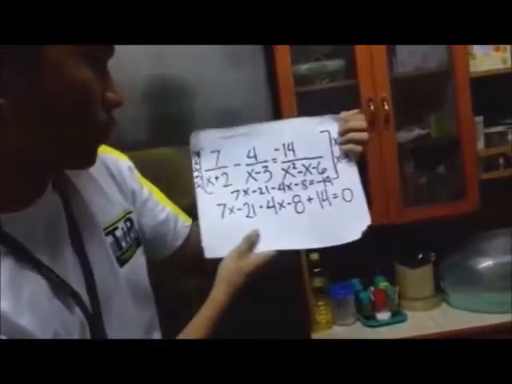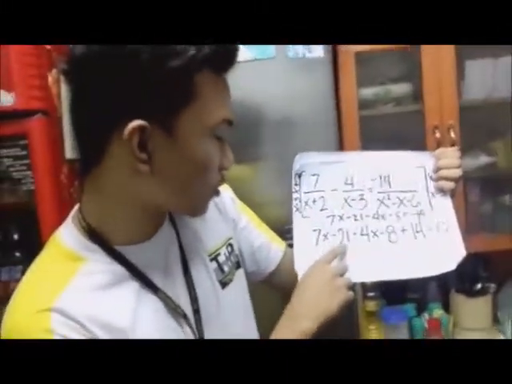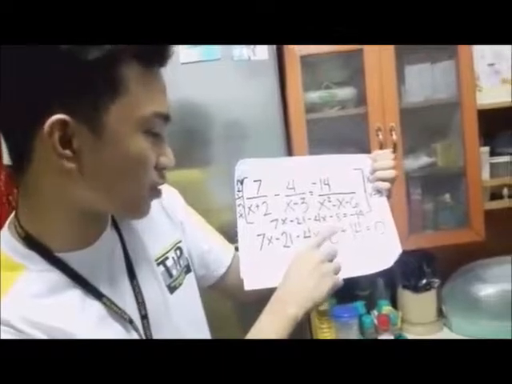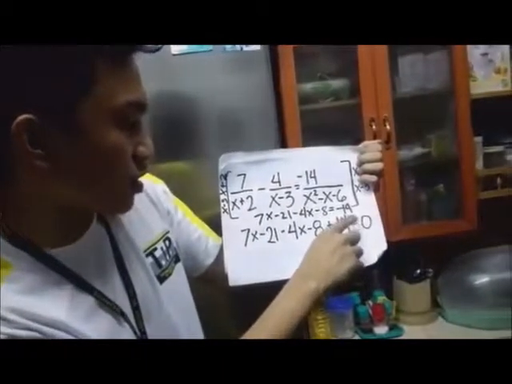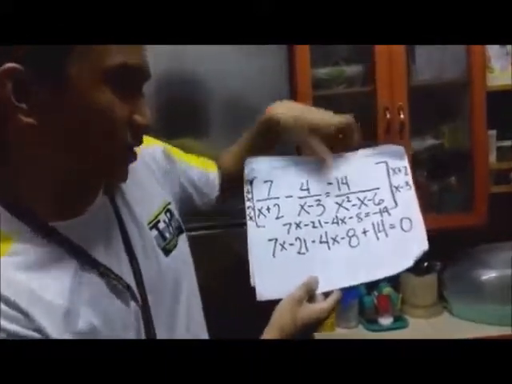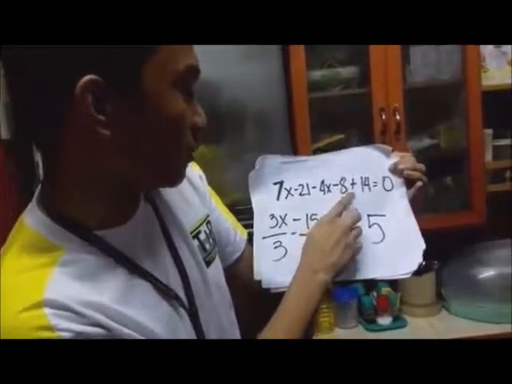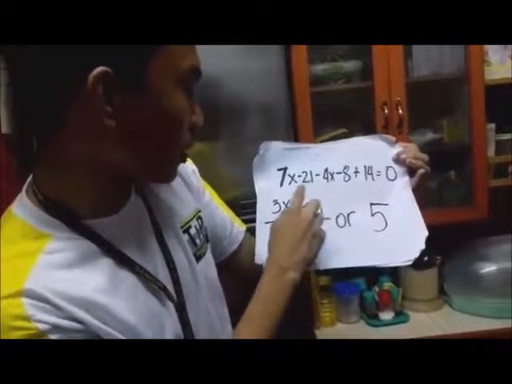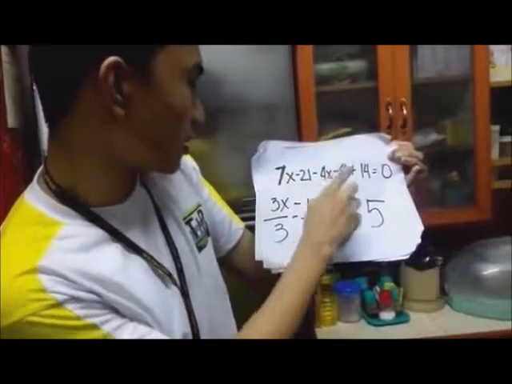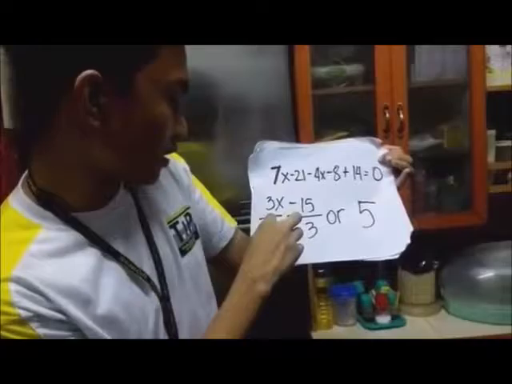Yun. Tapos, 7x minus 21 minus 4x minus 8 plus 14, kasi ililipat mo yung negative 14 dito sa loob. Gagawin mo, i-add mo ang 7x at saka negative 4x. Ang kalalabasan ay 3x.